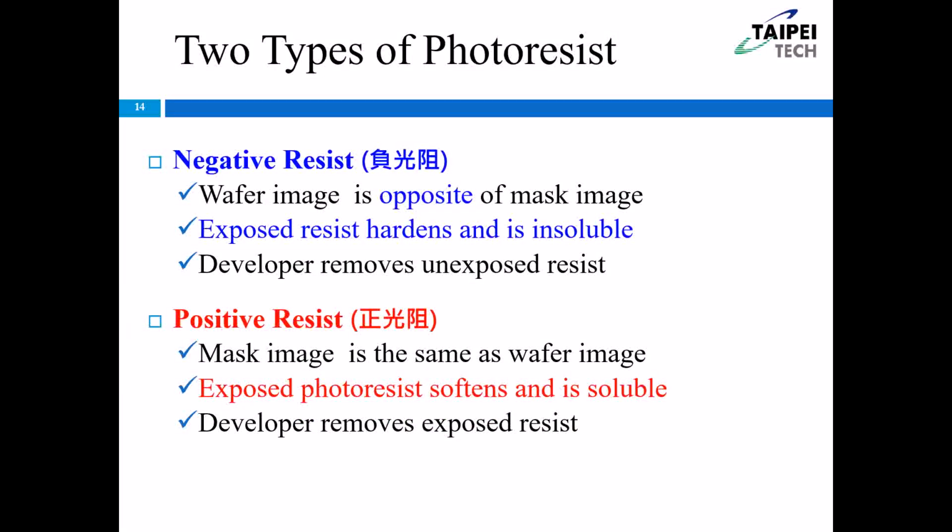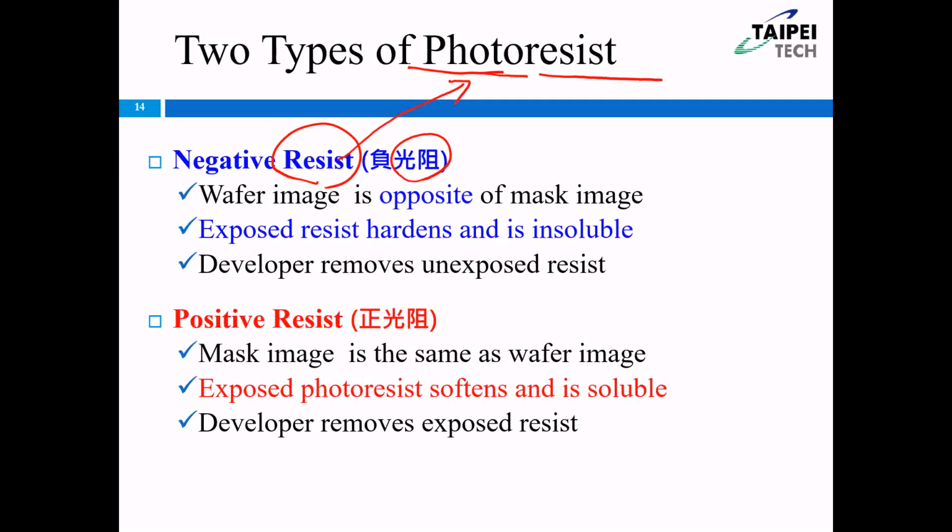The next one, we are going to talk about the photoresist. But here, I don't want to spend time on the negative resist. The resist here means the photoresist, 光阻. Right now the IC fab uses the positive photoresist, 正光阻.